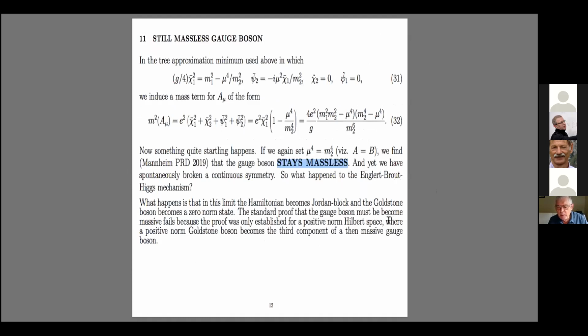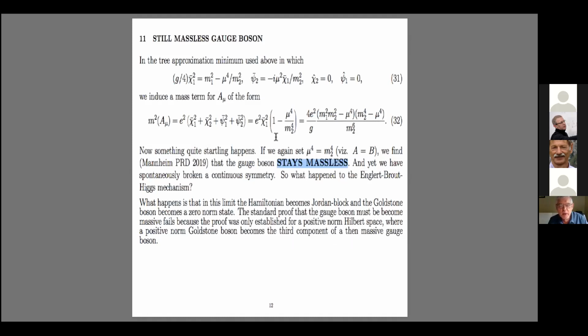So the standard proof that the gauge boson must become massive fails, because that proof was only established for a positive norm Hilbert space, where a positive norm Goldstone boson can become the third component of a then massive gauge boson. In other words, the 2 regular components of the massless gauge boson are both positive norm, and if they are to combine with the third one and make a massive gauge boson, that third state would have to have a positive norm as well.